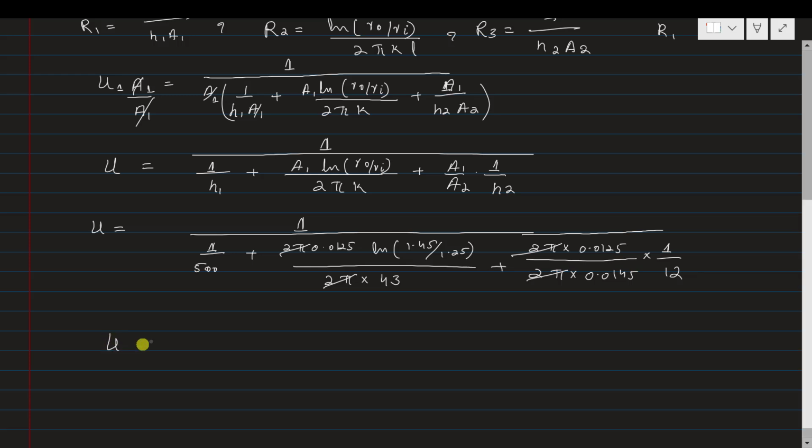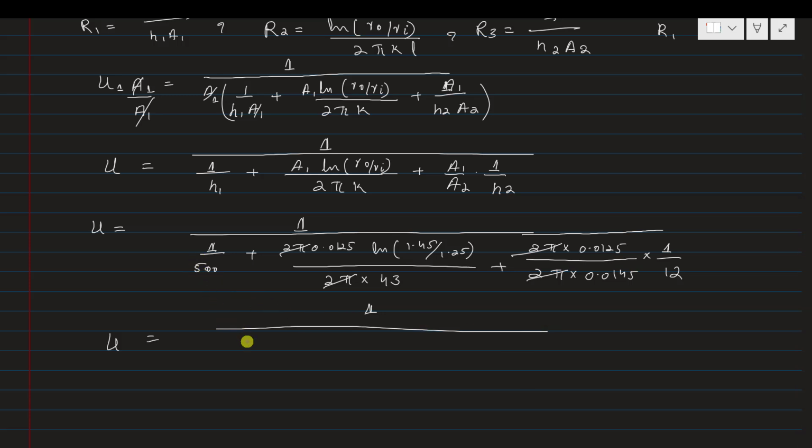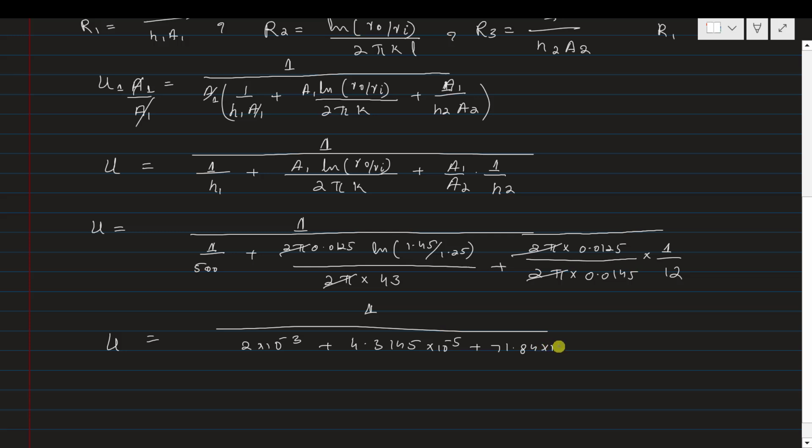After simplification on the calculator, you will get the value for each term: 2 multiplied by 10 to the power minus 3, plus 4.3145 multiplied by 10 to the power minus 5, plus 71.84 multiplied by 10 to the power minus 3.